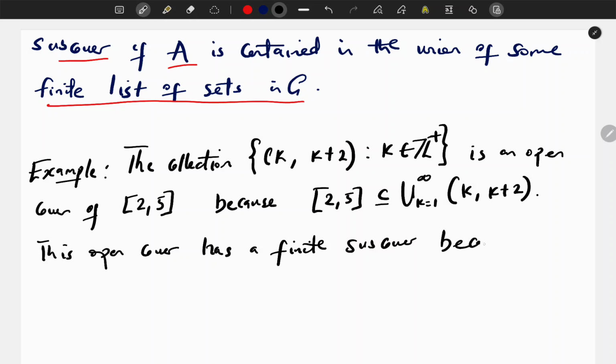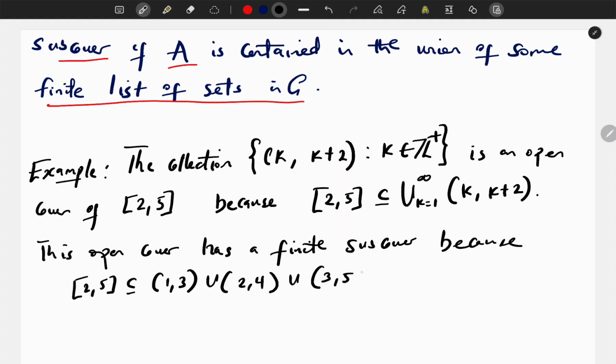The reason is that this 2, 5 is already a subset of 1, 3 union 2, 4 union 3, 5 union 4, 6, and this is a finite subcover, so we don't need an infinite cover in order to cover our closed interval. So that is one example of an open cover that has a finite subcover.